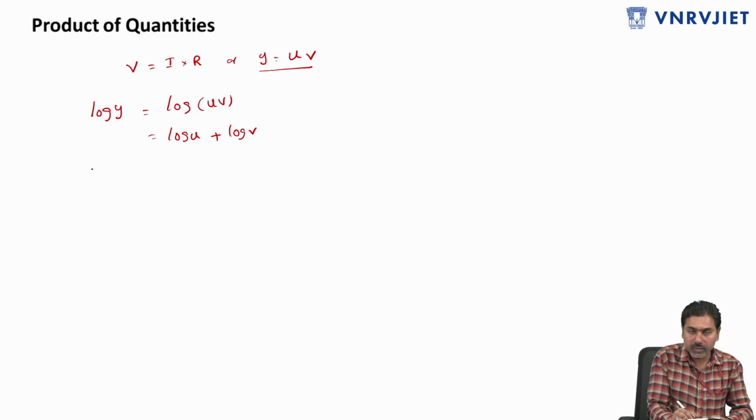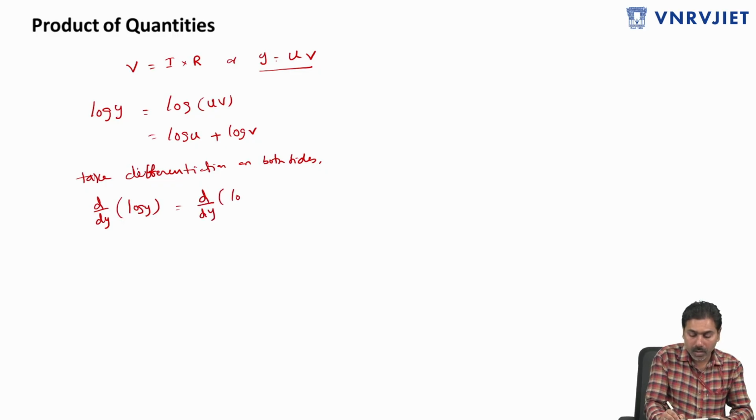When we take the differentiation on both sides, we'll have d by dy of log y equal to d by dy of log u plus d by dy of log v.